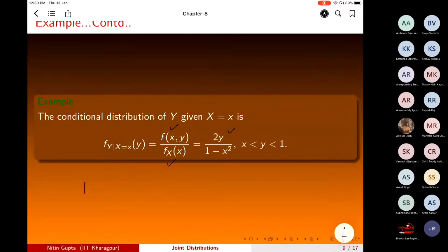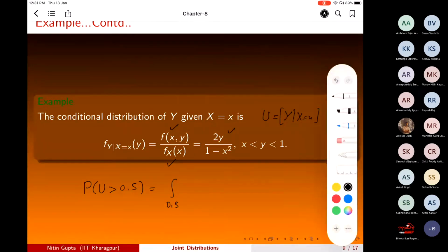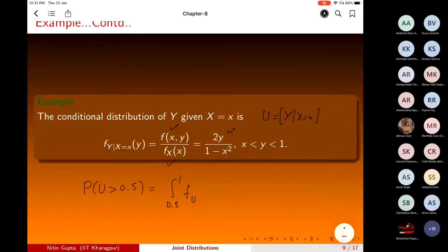For example, if I represent y given x is equal to x by a random variable u, and I want to find u greater than some, let us say, 0.5, then you have to integrate f u du from 0.5 to 1, or whatever the point is. In this fashion you can find it.